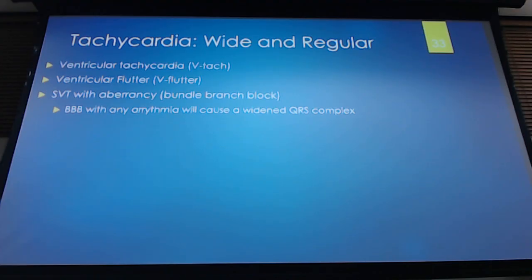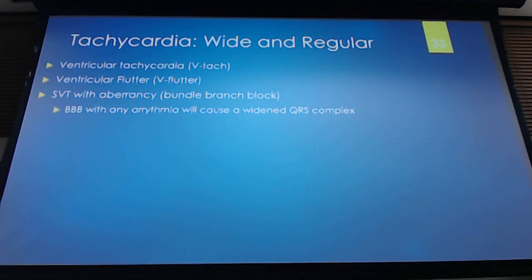Narrow and irregular: atrial fibrillation, multifocal atrial tachycardia, which is most commonly seen in somebody with severe respiratory disease, and atrial flutter, still fluttering, but with a variable block. Now that's our narrow complex. If you're looking at the strip and you see a narrow complex tachycardia, figure out if it's regular or irregular, and those are your differentials.